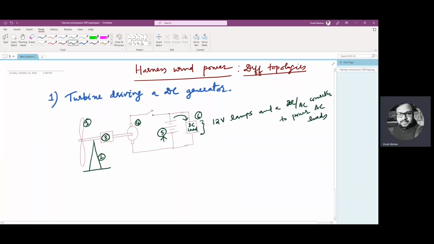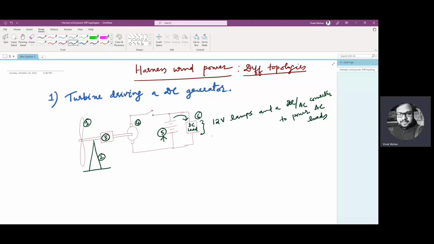So the loads can be DC itself, that can be the DC 12-volt lamps, or AC loads can be powered through a DC to AC converter, like a TV set or something else.